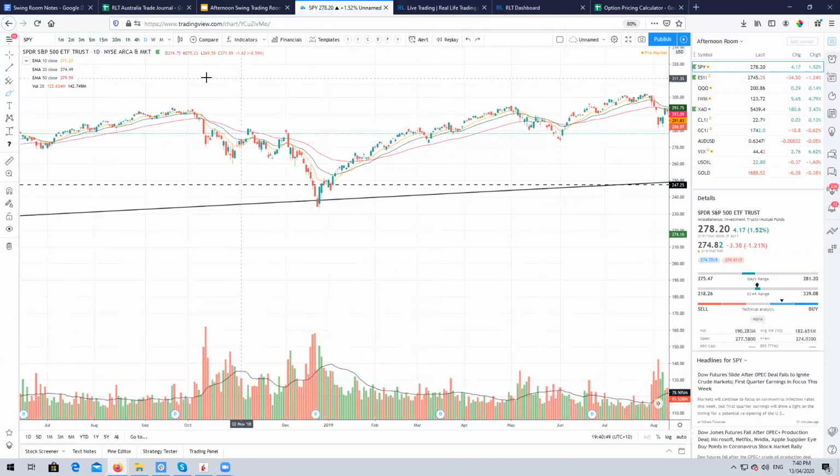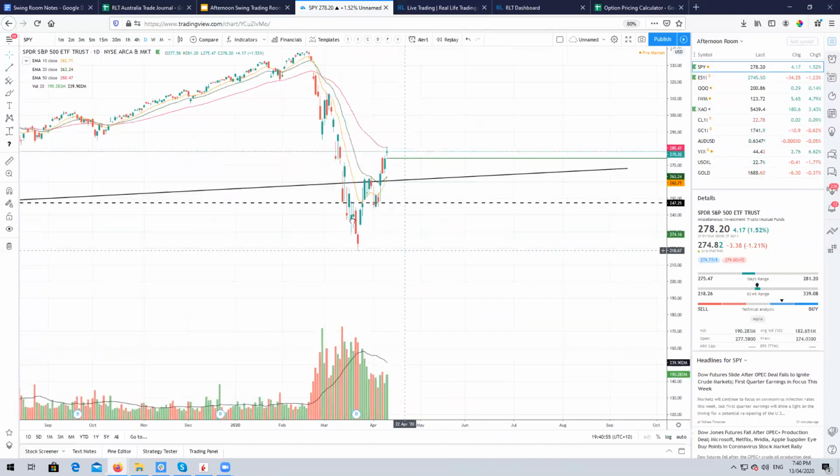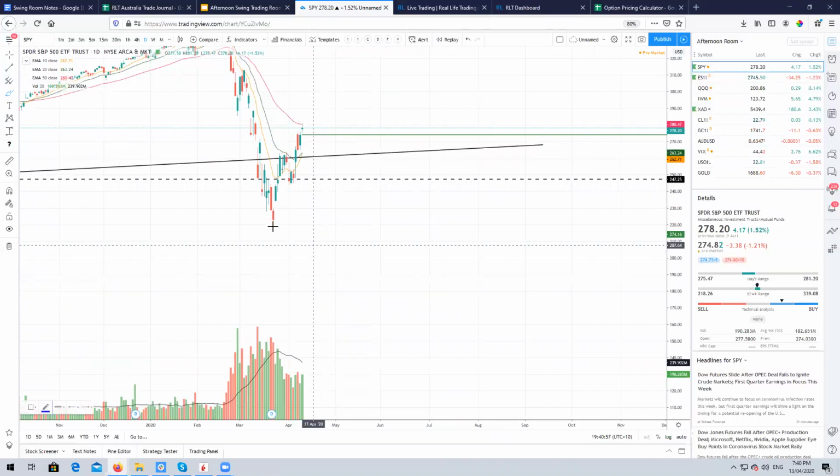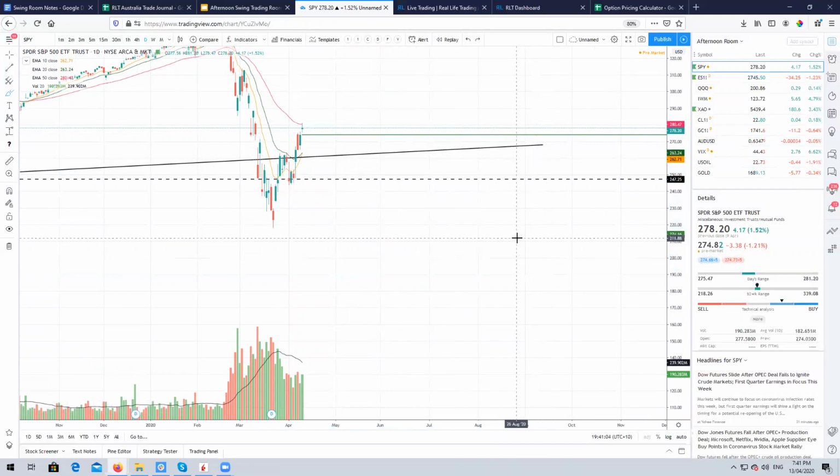So you can see stocks don't just go straight back up after these massive drops. They just take their time. So I do expect us probably to trade sideways for maybe 6 months at least.